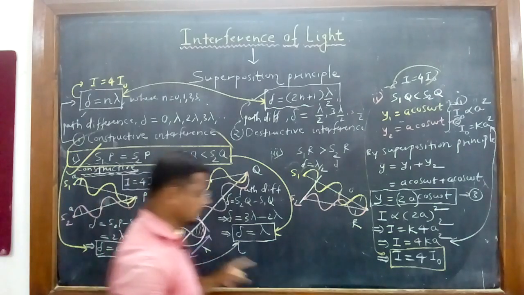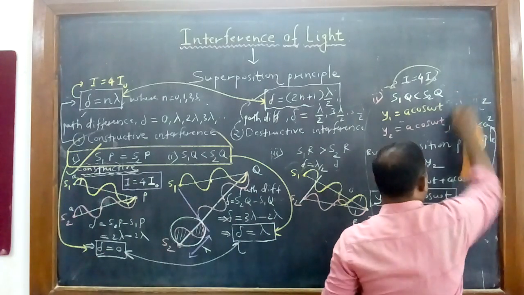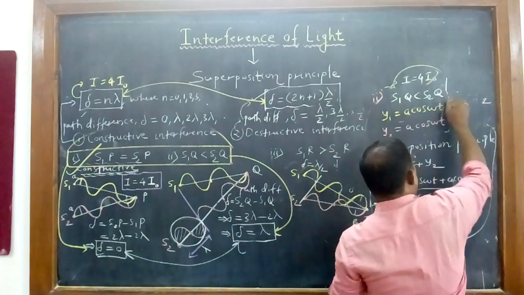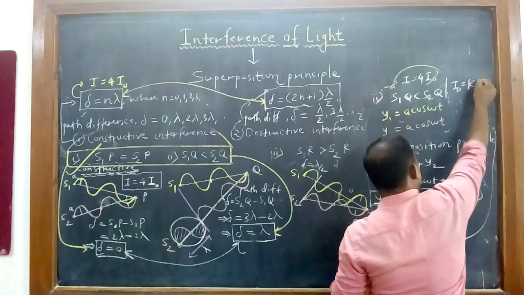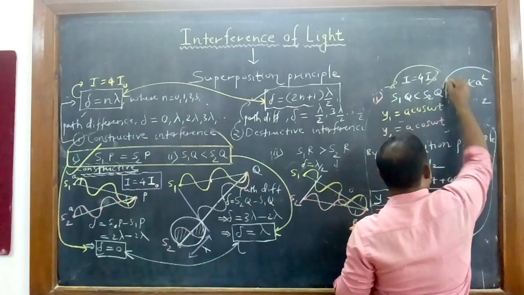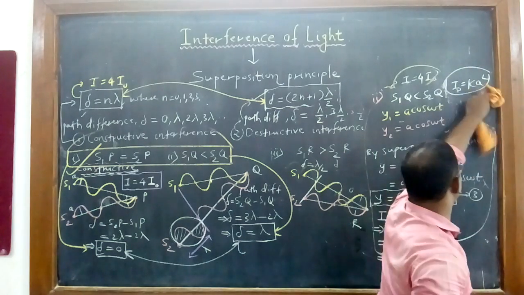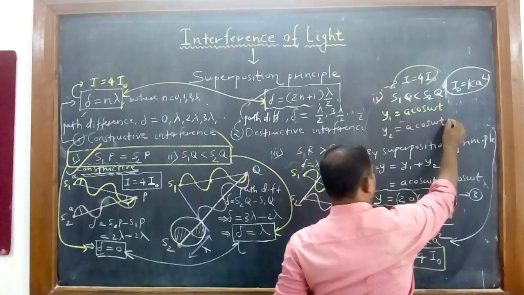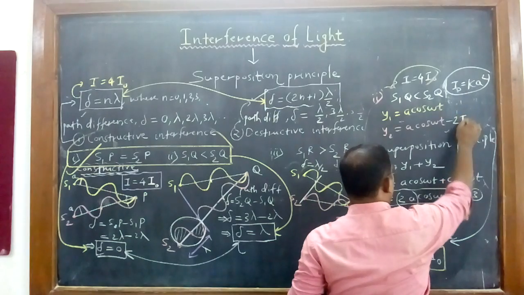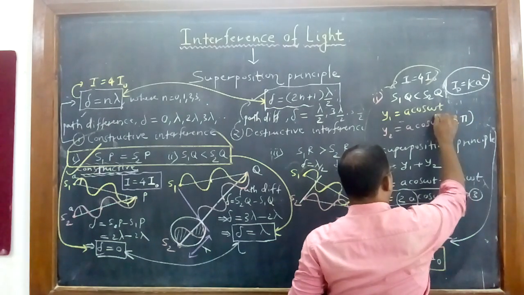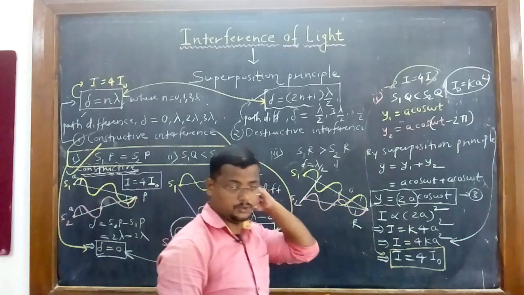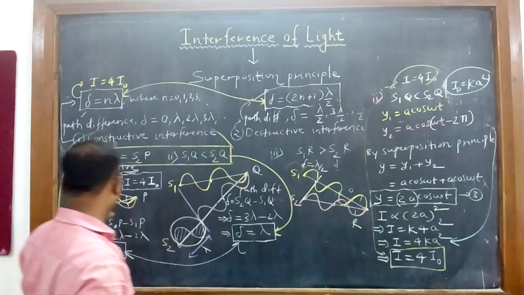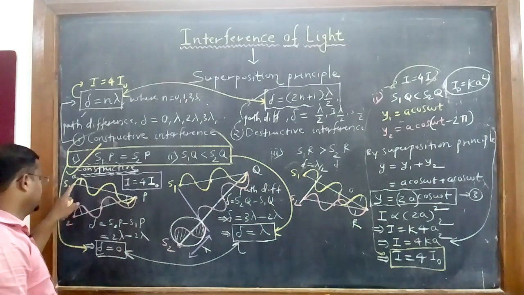This is the extra phase in the wave. So what can I write here? We know I naught is equal to K into A square. Now this is cos of omega t minus 2 pi. Why, in the first calculation of S1P equal to S2P, was 2 pi not there? Because the two waves had a path difference of 0.